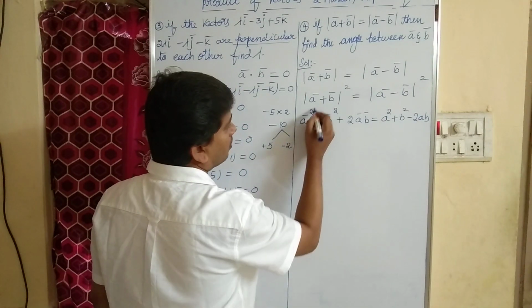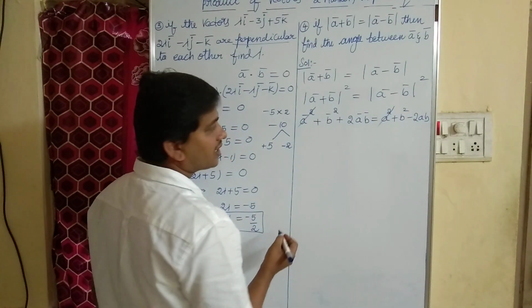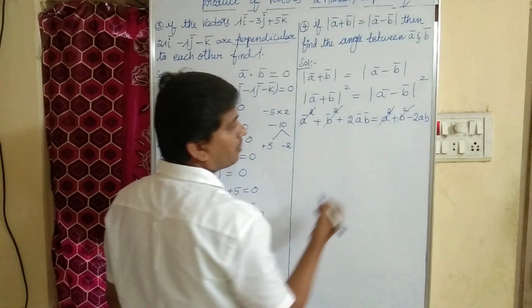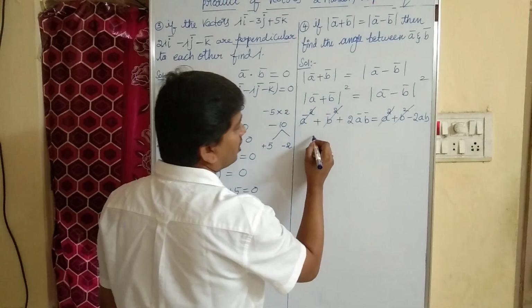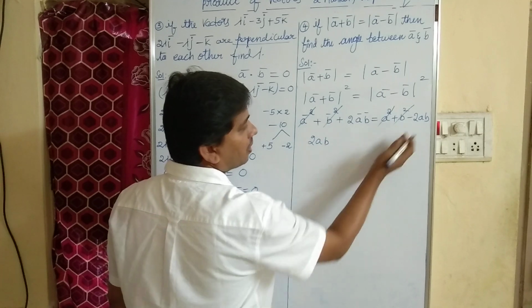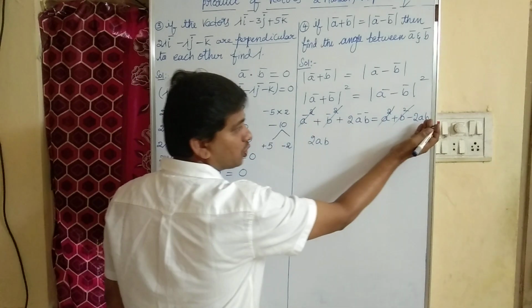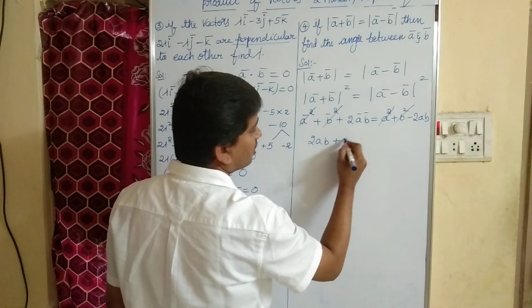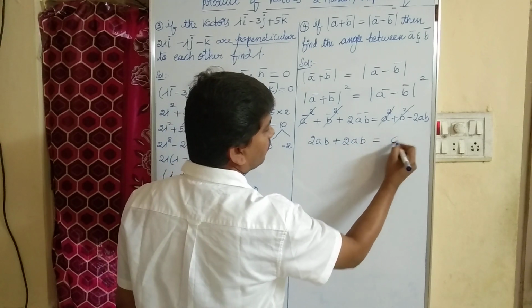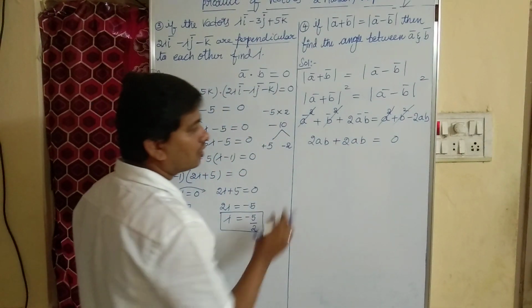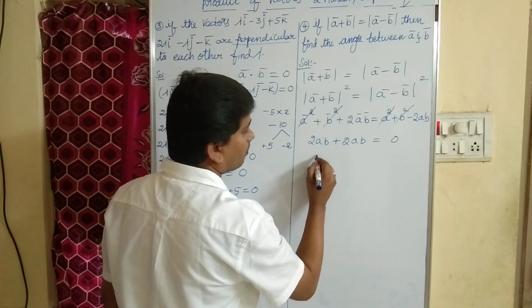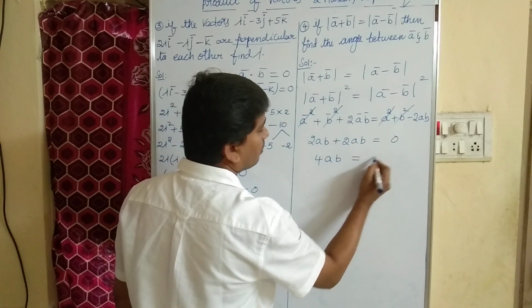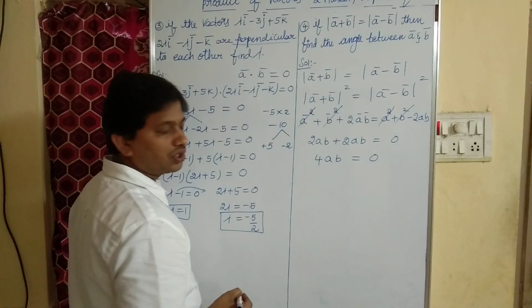So a square gets cancelled, b square gets cancelled. Here we have 2 a bar dot b bar. Transposing this minus 2 a bar dot b bar to this side, it becomes plus 2 a bar dot b bar, which is equal to 0. 2 a bar dot b bar plus 2 a bar dot b bar is 4 a bar dot b bar, equal to 0.